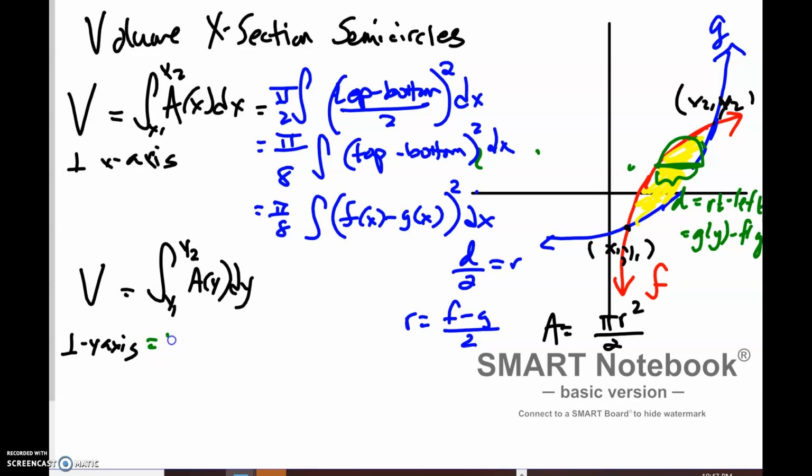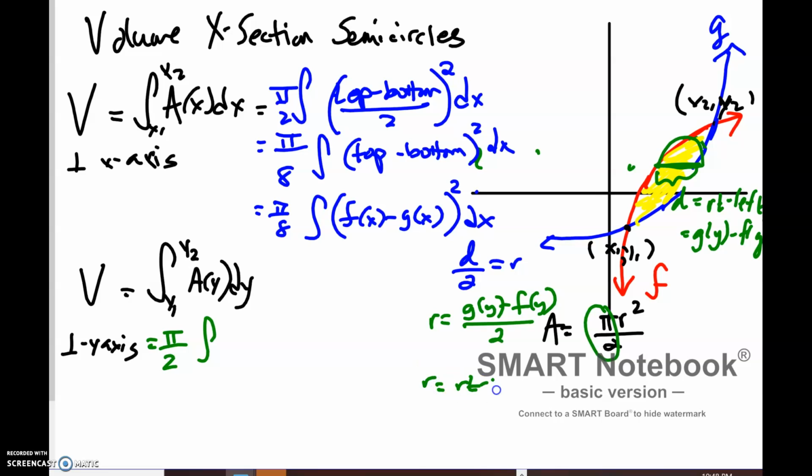So there's the pi over 2 from this area formula for a semicircle, and then I integrate, and you know the radius is going to be half the diameter. So this radius is going to be g of y minus f of y over 2, or right minus left over 2.